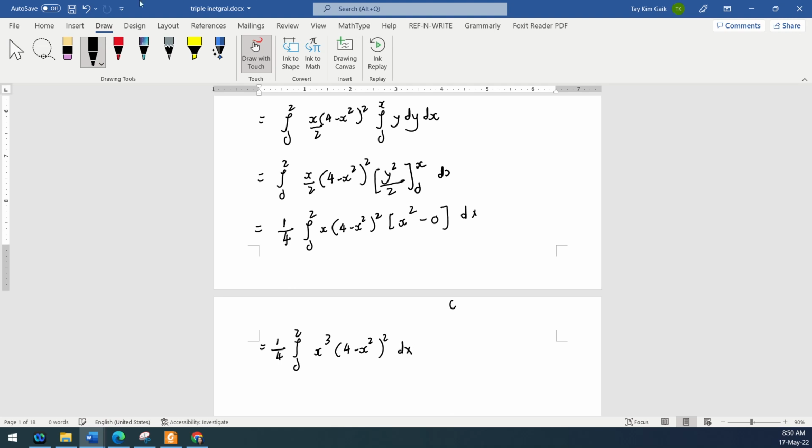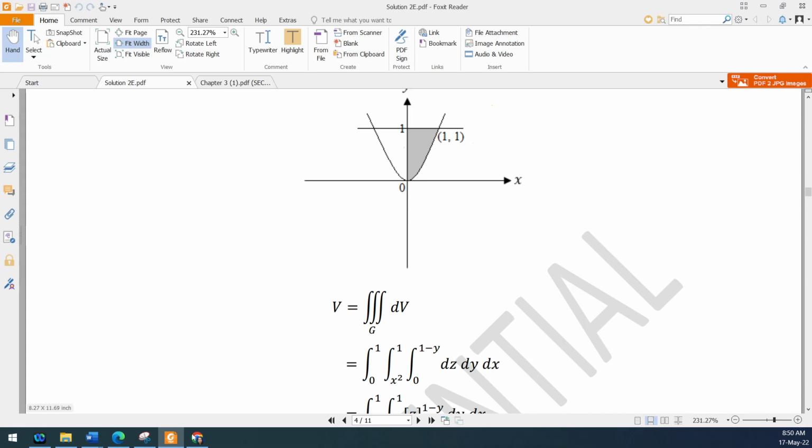For the outer integral, you can use your scientific calculator to obtain your result directly.